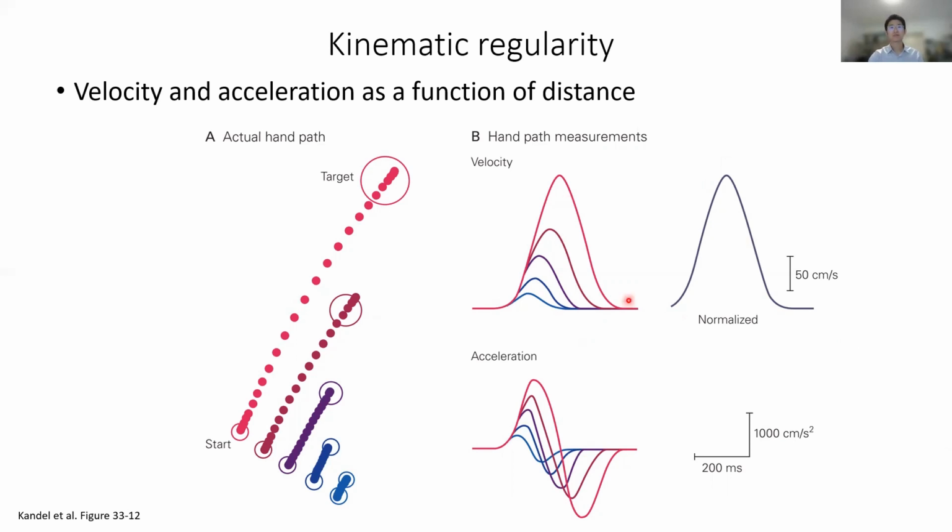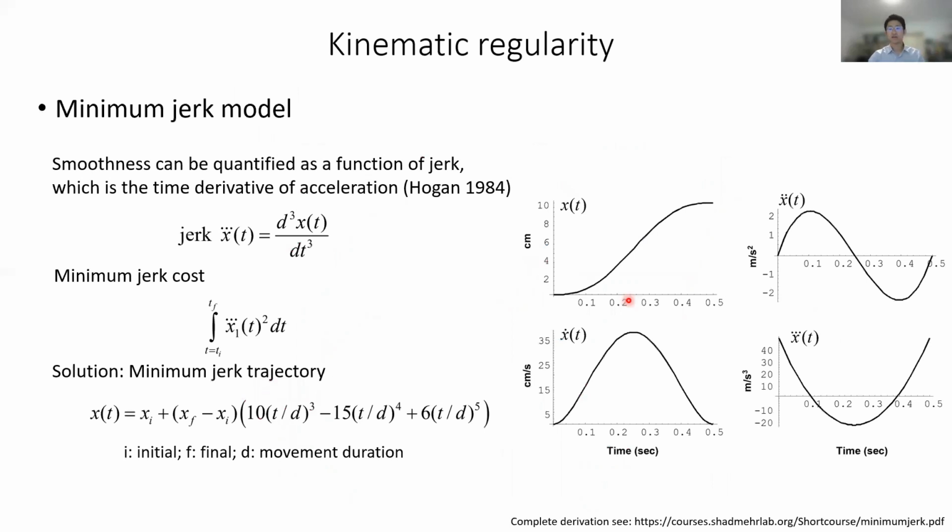So this leads to a theoretical study of the question: how can we produce this bell-shaped hand velocity? Here we introduce a variable called jerk. Jerk is the third derivative of position, or the derivative of acceleration. Hogan, in 1984, found that if we define this jerk variable, we can have an algorithm that tries to minimize the jerk across the movement time, like the square of the jerk.